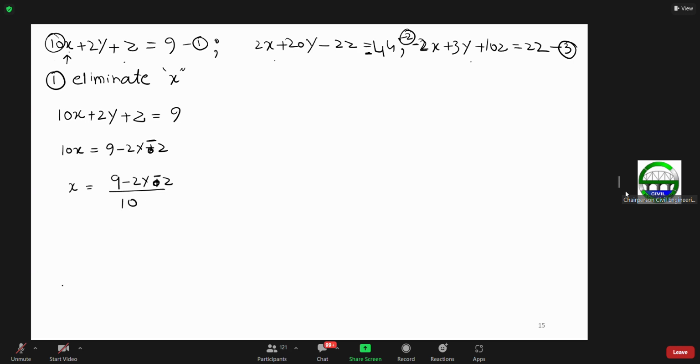So this one will be the value of x. Or you can further write x is equal to minus 1 by 5 y minus 1 by 10 z plus 9 by 10, right? So I now have equation number 4 here.